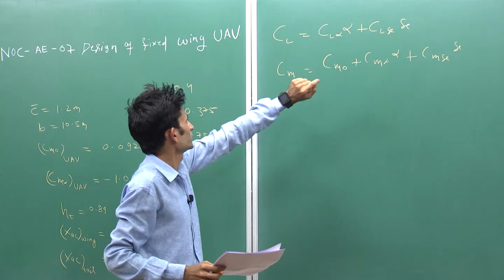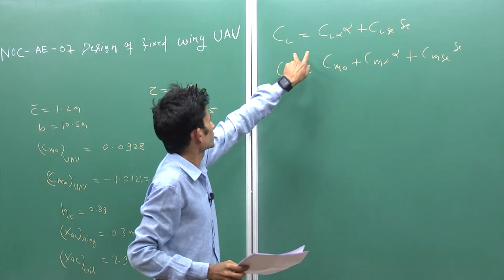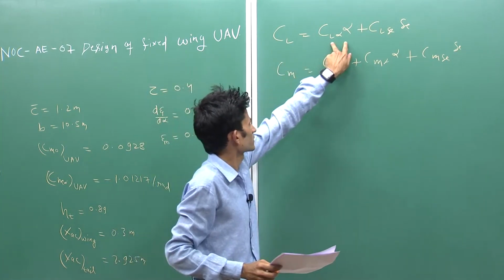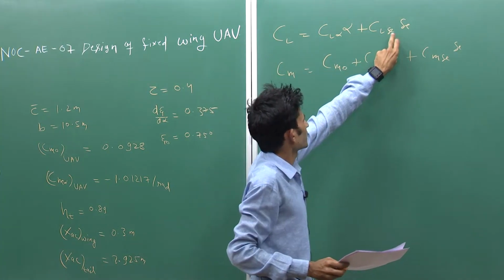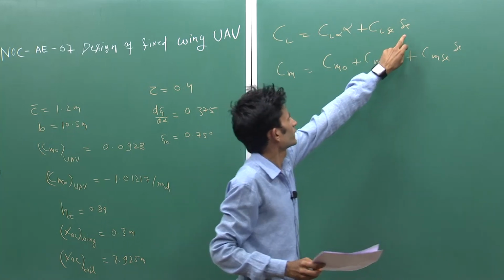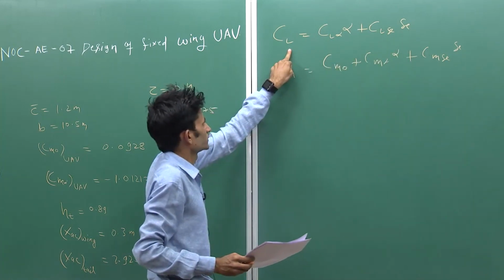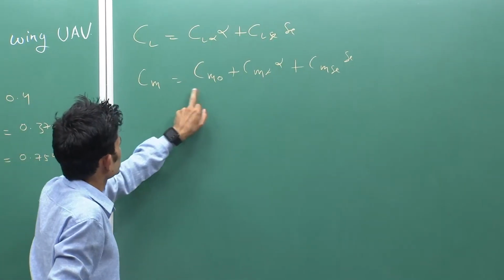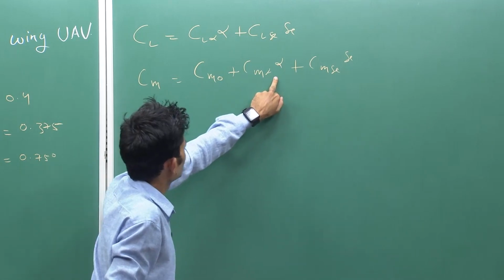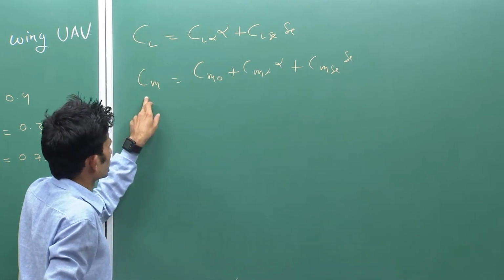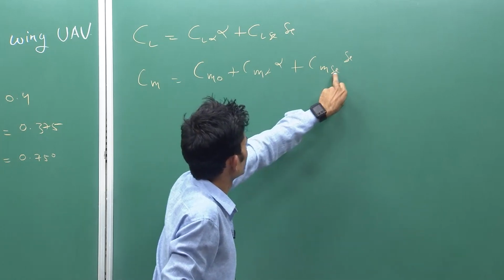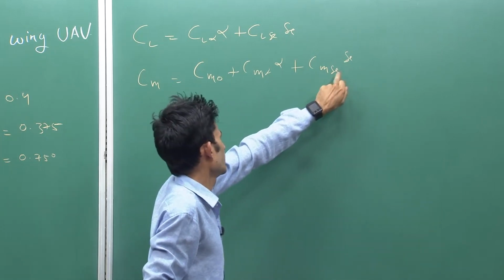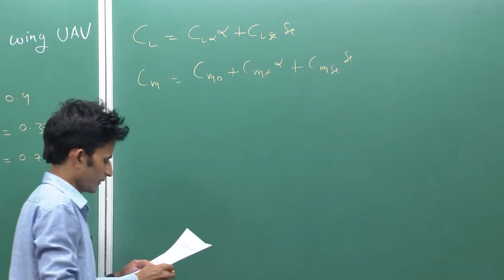So if you want to consider only stability, then this part only is there, but if the controls come, then this part will add, because when you deflect the elevator, then CL will change, and this is Cm equal to Cm naught plus Cm alpha into alpha. This is when you consider only stability. When you consider the control, then Cm delta into delta E will come, where Cm delta is elevator control power and delta E is elevator deflection.